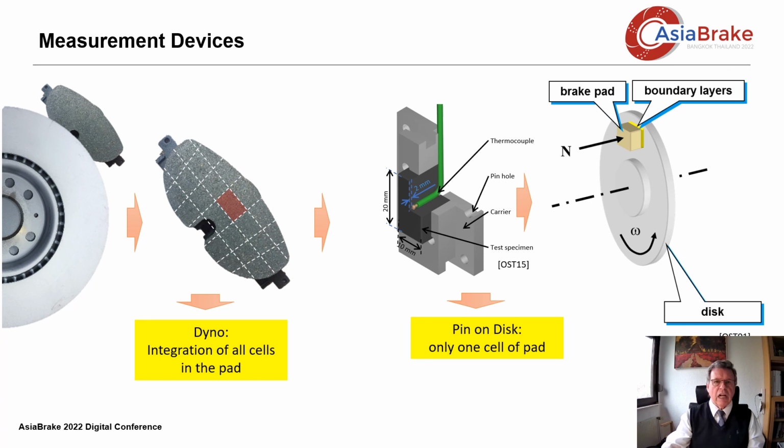So if you study an entire brake in, say, a dynamometer, you are integrating across very different states in the pad, which makes it very difficult to analyze dependencies. A pin-on-disc tester can be used to investigate a small section of a real lining where much more controllable states can be set in the tribological contact.